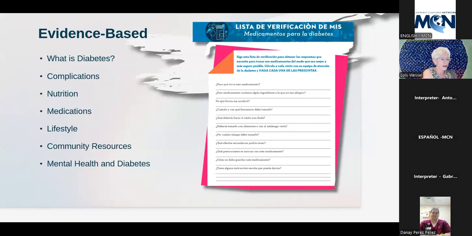And then, as I mentioned, we want to make sure that the information that we are giving is based on the best knowledge that we have. And to that extent, we rely on the American Diabetes Association guidelines on care of patients with diabetes and prediabetes.